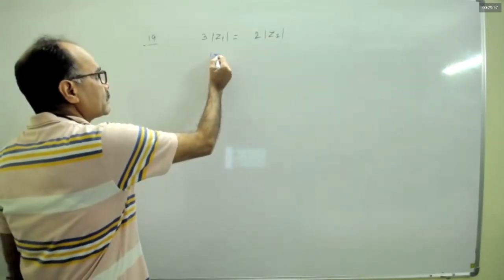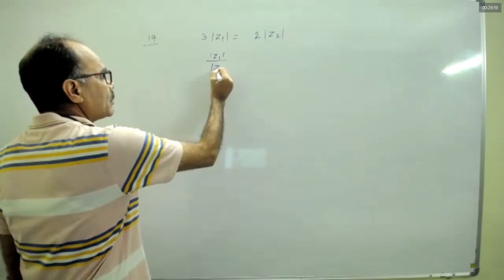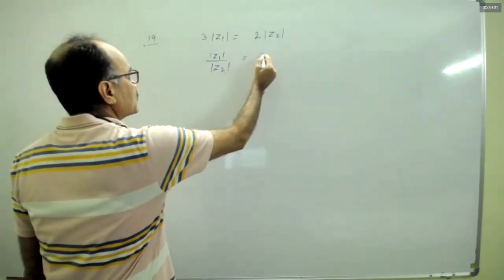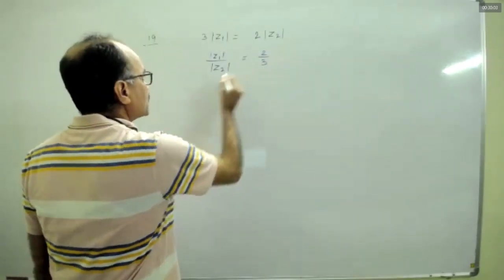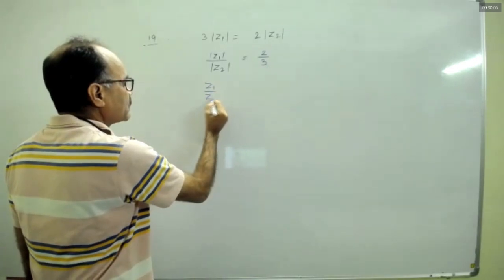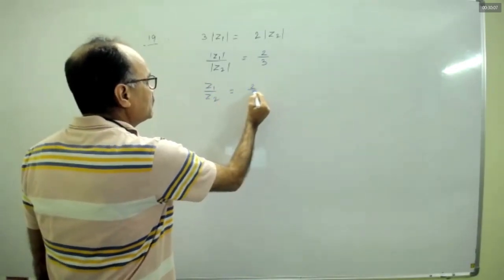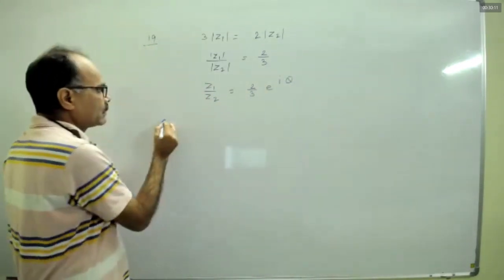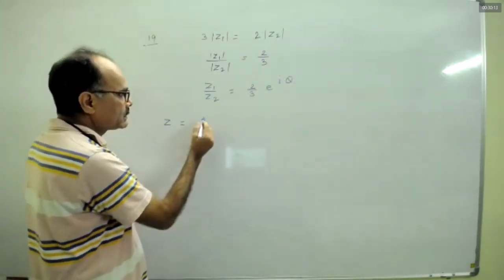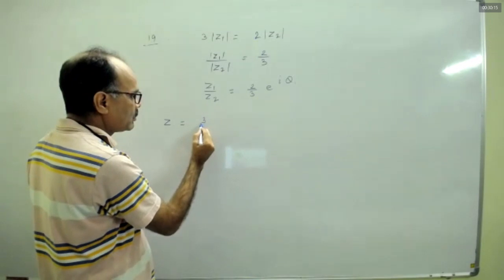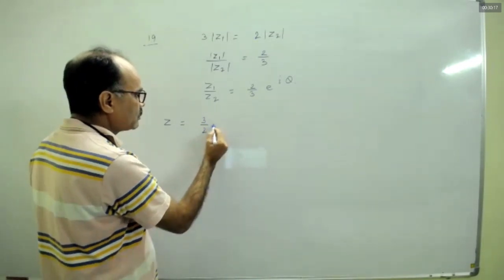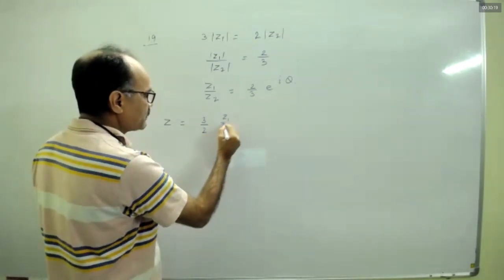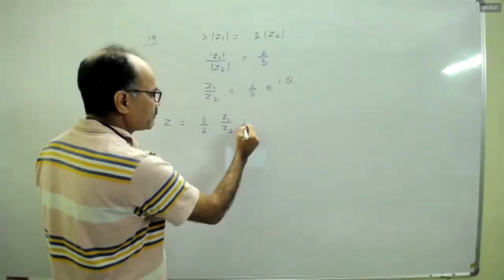So mod Z1 by mod Z2 equals 2 by 3. Z1 by Z2 equals 2 by 3 into e to the power i theta. Z equal to what is that? 3 by 2 Z1 by Z2 plus 2 by 3.